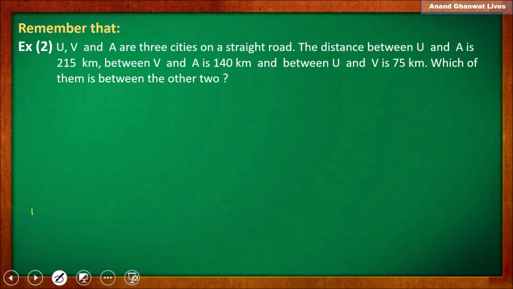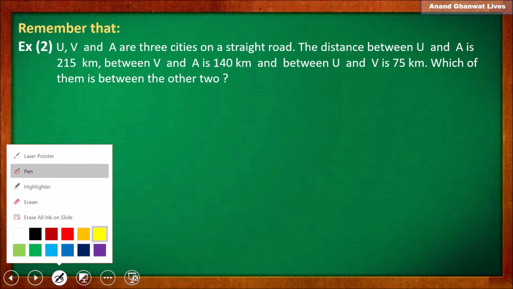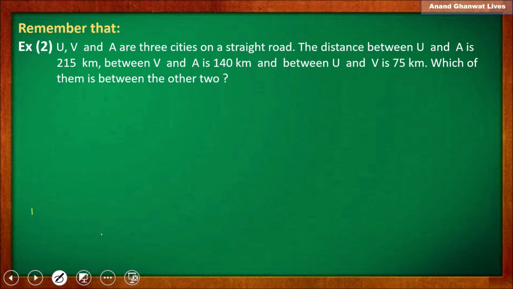Now for that, let us assume U, V and A are points, and we will assume the straight road as a straight line. So U, V and A are collinear points.